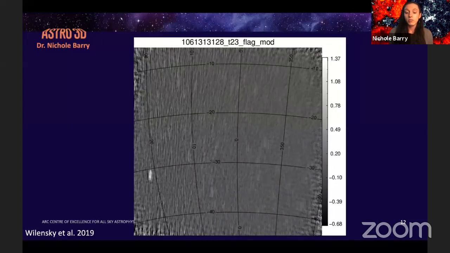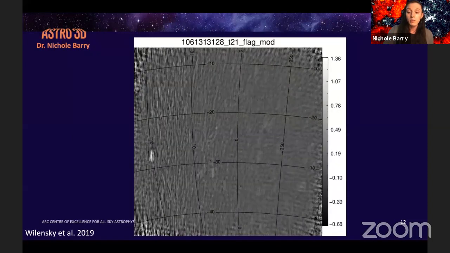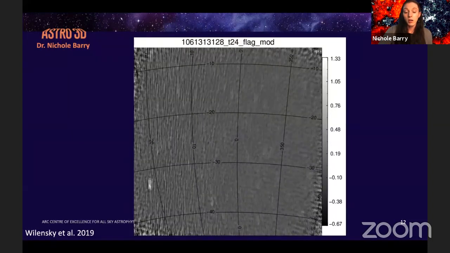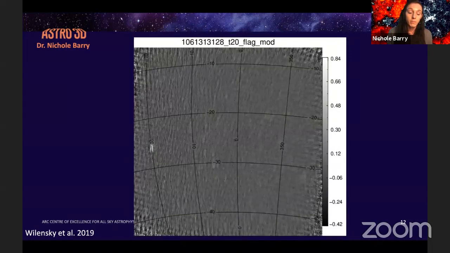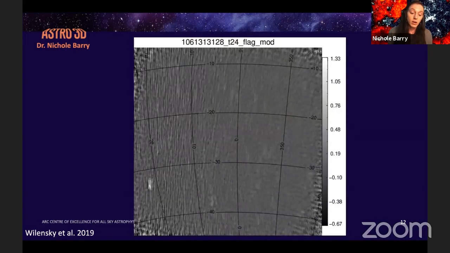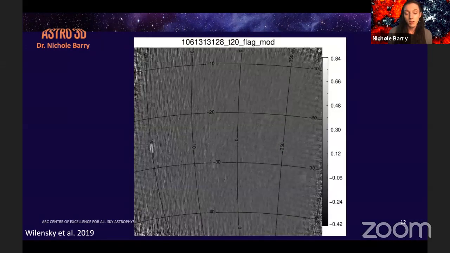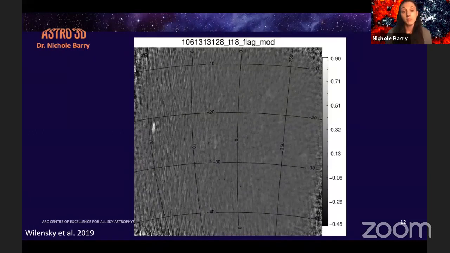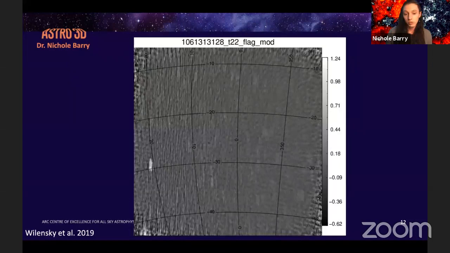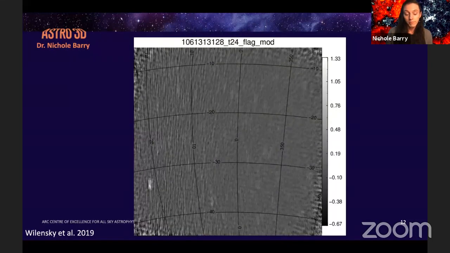Given the spectral signature of this signal, it appears to be digital TV channel 6 being reflected off the bottom of a bush plane from Perth, which is a town about 500 miles away. That just gives you the scale of the RFI mitigation that we need to perform.